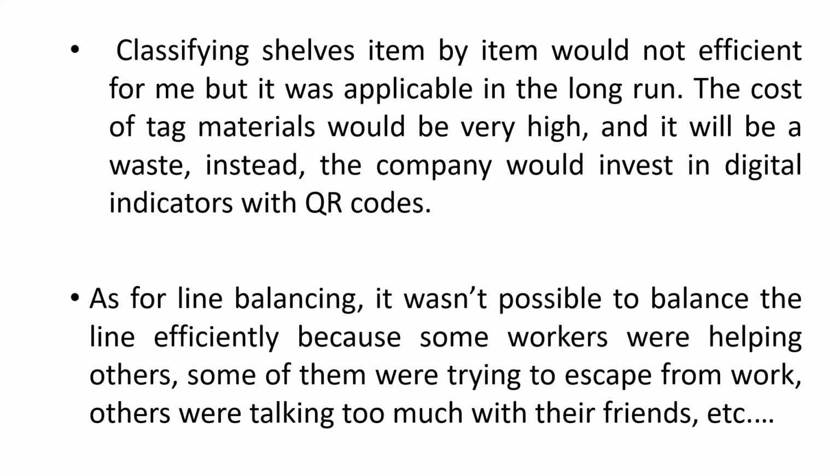Also, QR codes would be more efficient than classifying shelves thanks to the tag, the normal tag. As for line balancing, we cannot do anything because of the workers' attitudes and the situation changing every time.